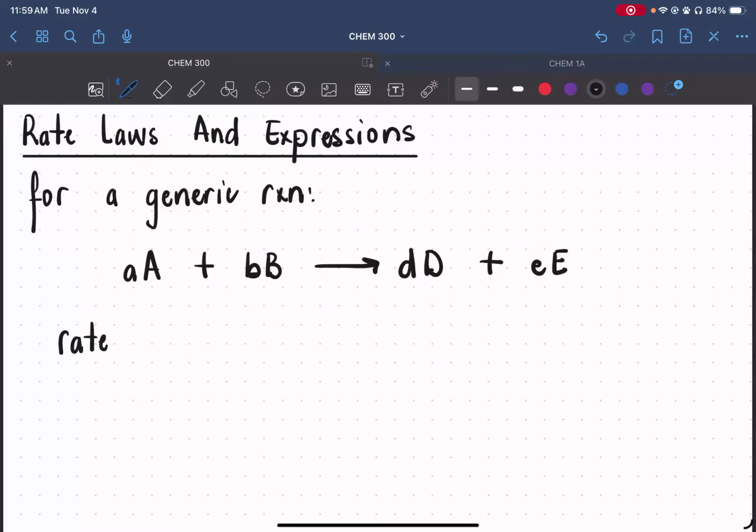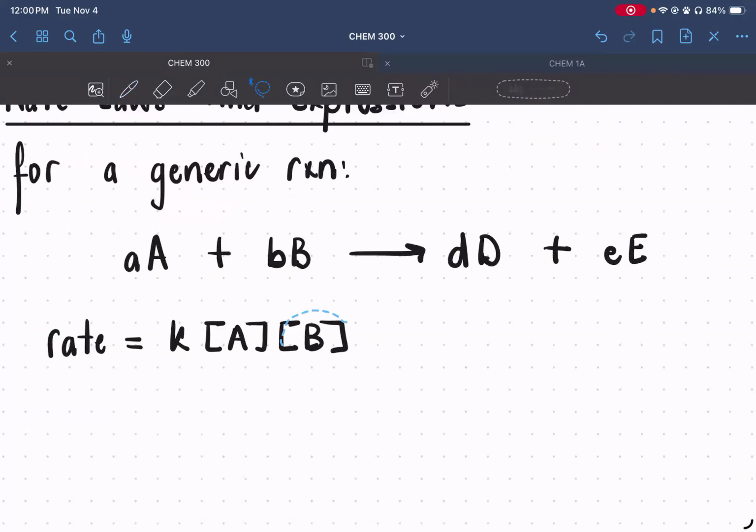The generic rate law, or rate expression, of this reaction is equal to K multiplied by the reactants, where each reactant is raised to the power of some number x and y.